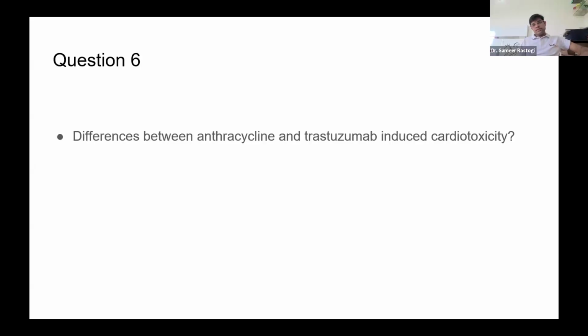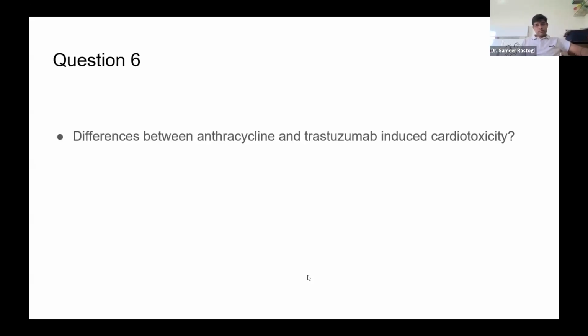So this oxidative stress or free radical theory is outdated. What are the recent hypotheses for anthracycline-induced cardiotoxicity? For a few years, oxidative stress is not even under consideration. What are the recent mechanisms for anthracycline-induced cardiotoxicity?